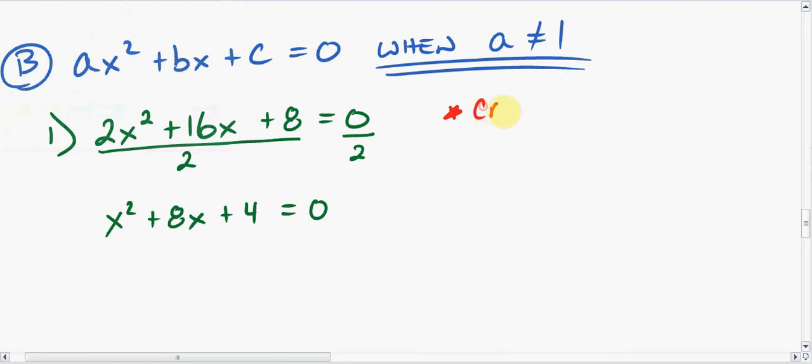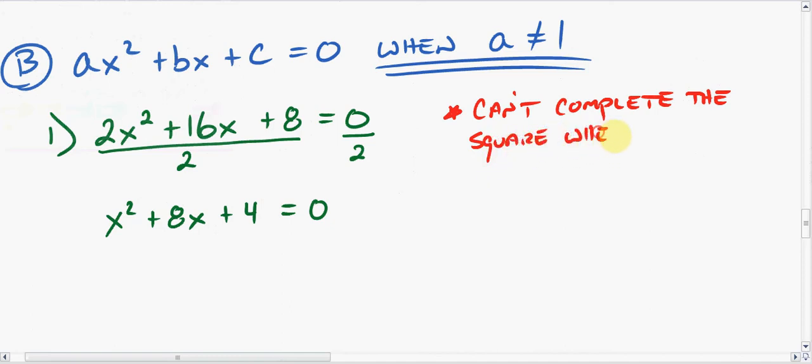Alright, so we'll make a little note here for your notes. You can't complete the square when your leading coefficient, or a, is not 1.